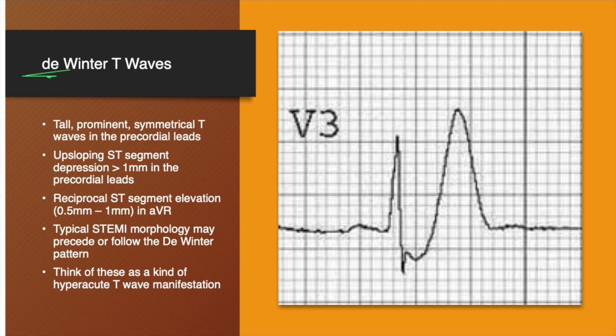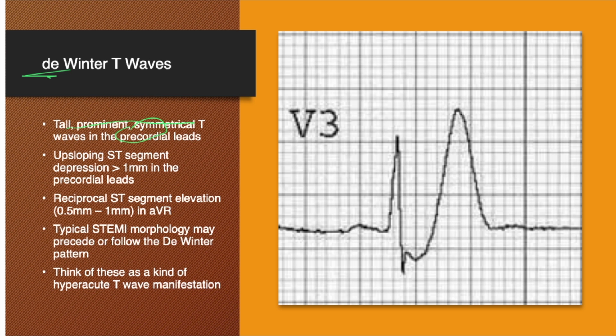So this is just a variation. It is a type of hyperacute T wave. What happens with De Winter T waves is you get tall, prominent, symmetrical T waves in the precordial leads. That is very important. Your run-of-the-mill hyperacute T waves can occur anywhere, but these are going to be in the precordial leads, so V1 through V6.